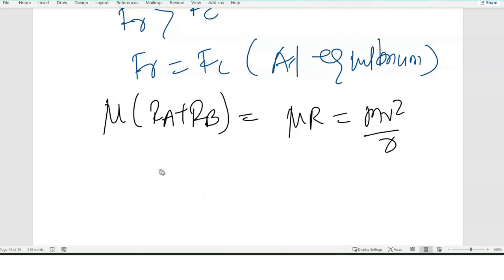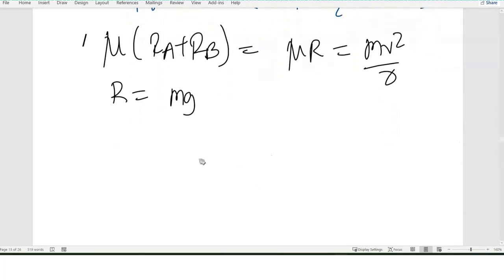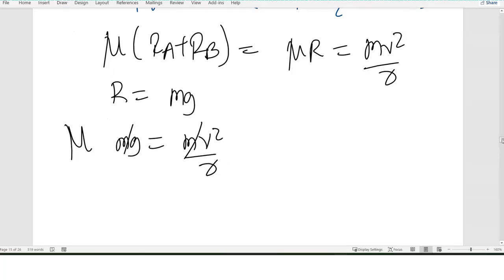I already know that R is equal to mg, at that particular point. So nu mg will equal mv squared out of r. The m's cancel.